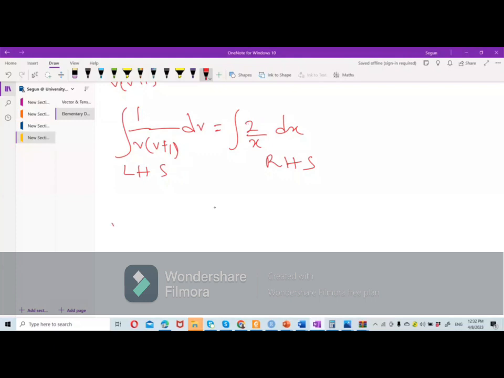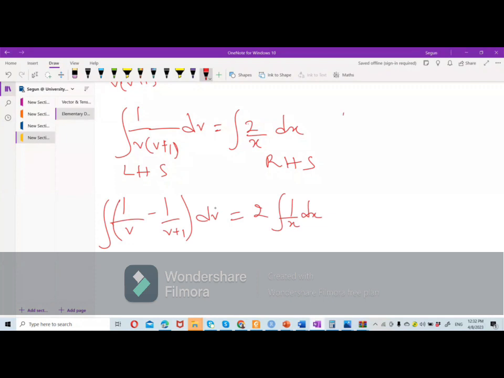You are going to have at the end of the day integral of 1 over v minus 1 over v plus 1 dv equals 2 integral of 1 over x dx.